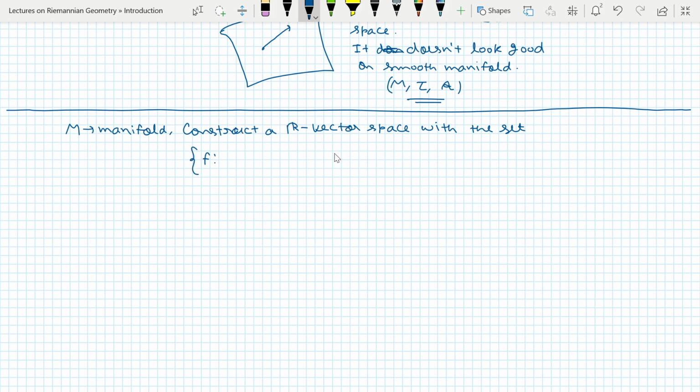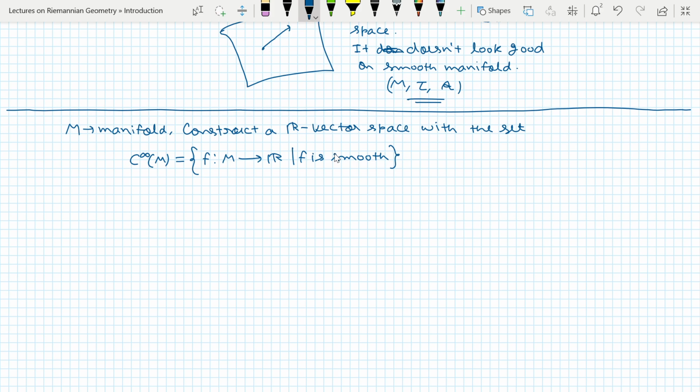This is the set of the functions going from M to R, manifold to R. And not just any function, these functions must be smooth. So f is smooth. Now this set is denoted by C infinity of M. So C infinity represents the smoothness.